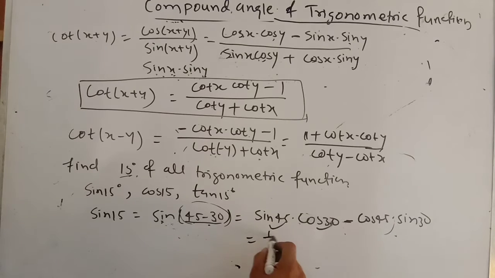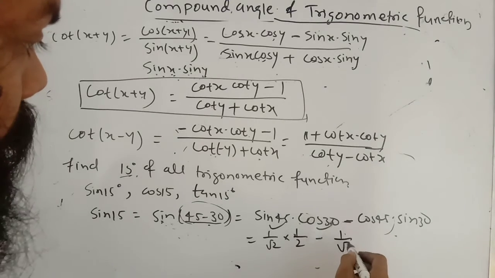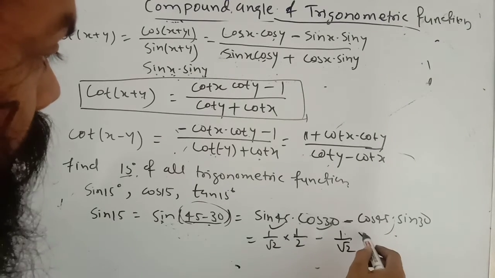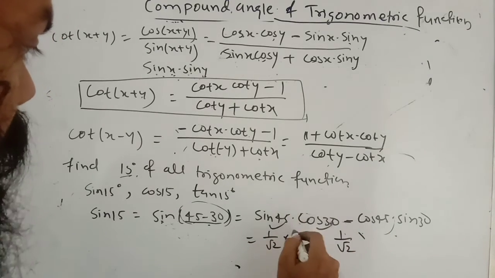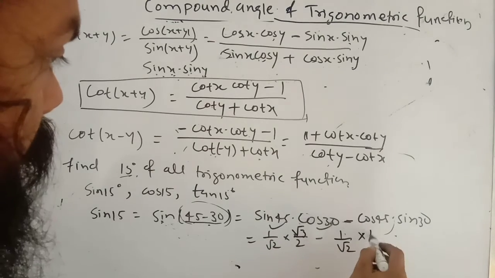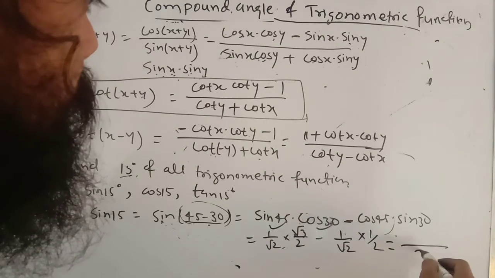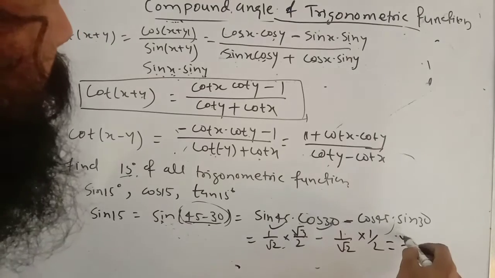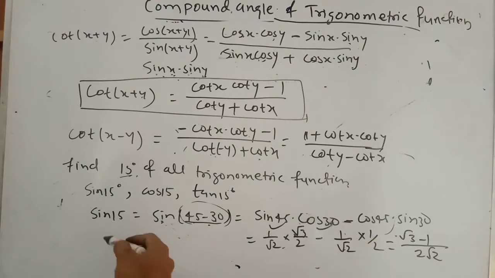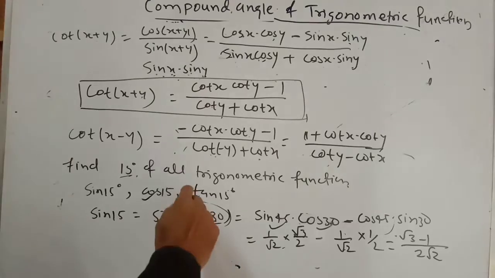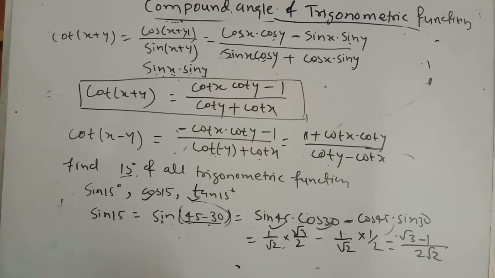So you can put 1 by root 2, cos 30 is root 3 by 2, minus cos 45, that is 1 by root 2, sine 30 is 1 by 2. After then you can take the LCM 2 root 2, and here is root 3 minus 1. So it's the value of sine 15 degree. Similarly, you can also find cos 15 degree and tan 15 degree.